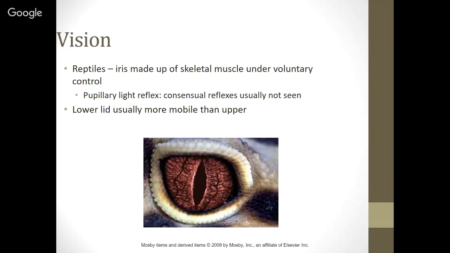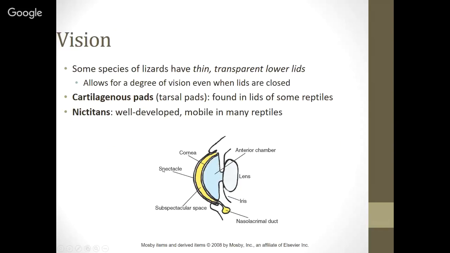Their lower lid is usually more mobile than their upper, so when they close their eyes, it's that lower lid that closes, not the upper lid. Some species of lizards have thin, transparent lower lids that allow for a degree of vision even when the lids are closed. There are these cartilaginous pads called tarsal pads.